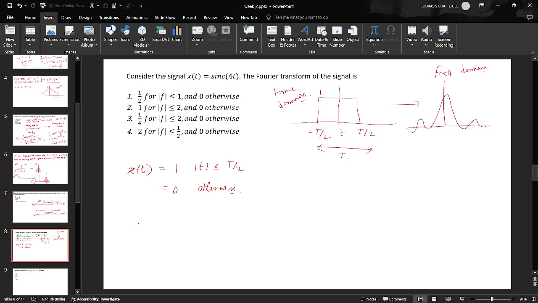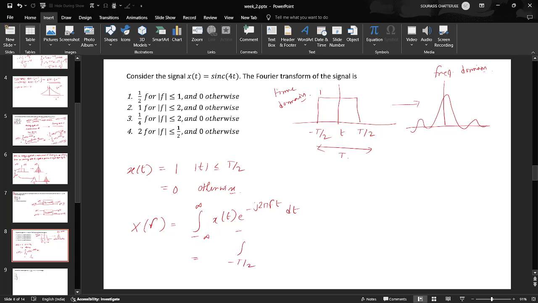And how do you do that? We have the X(f) expression as the integral from minus infinity to infinity of x(t) e to the power minus j 2 pi f t dt. But x(t) is only valid from minus T by 2 to T by 2, right?